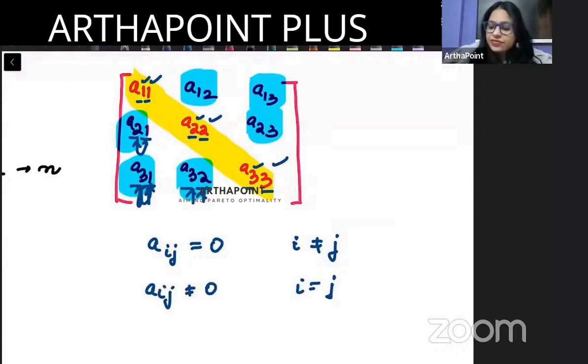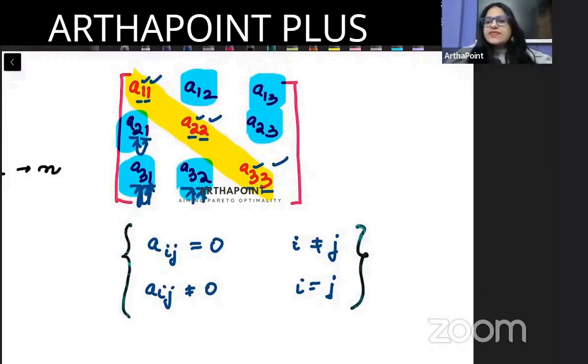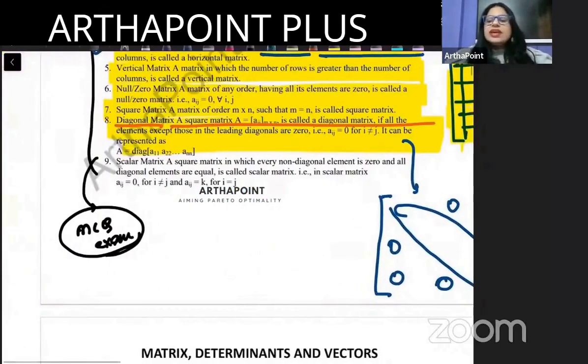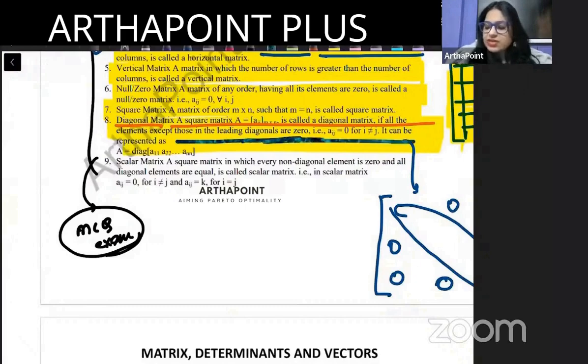So if I have this property being satisfied, अगर मेरी ये property satisfy हो जाती, then we can go ahead and we can say कि it is a diagonal matrix. तो यही हमने यहाँ लिखा है, that except in the leading diagonal, every element is zero, then we can go ahead and say that it is a diagonal matrix.